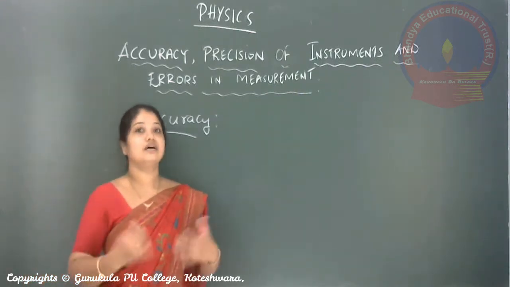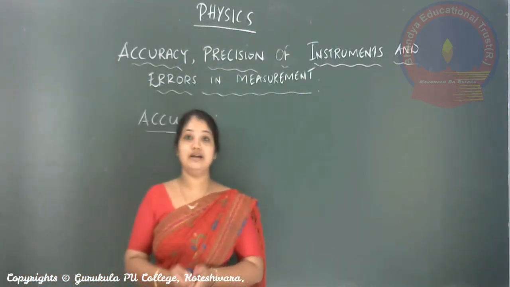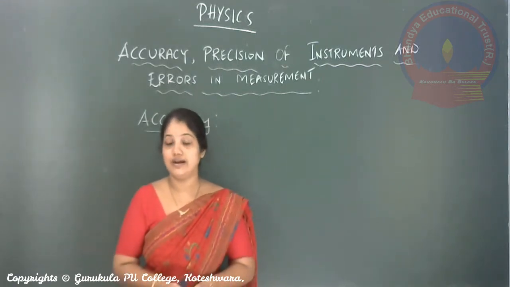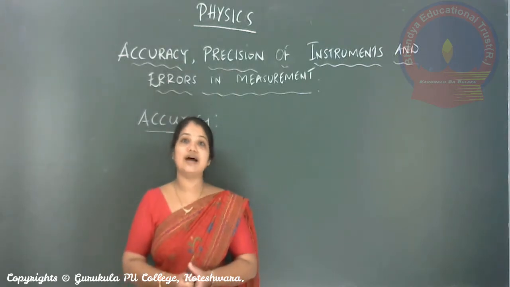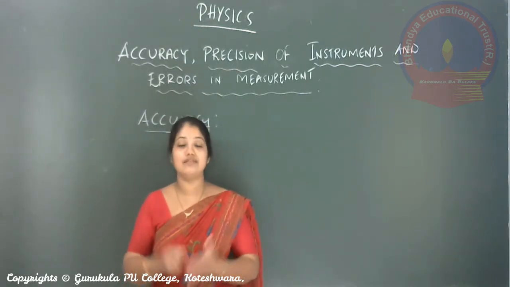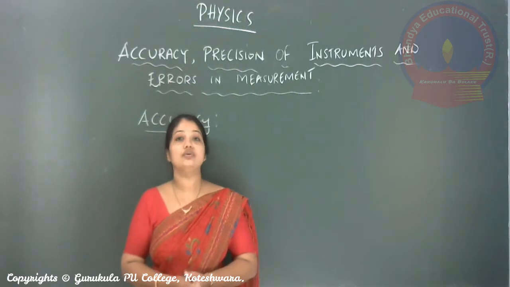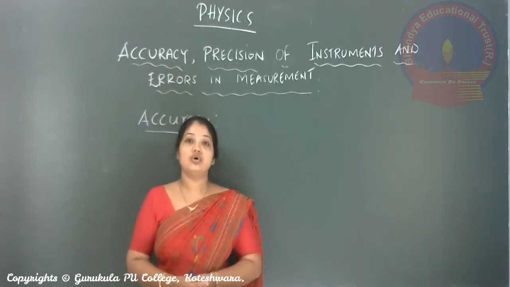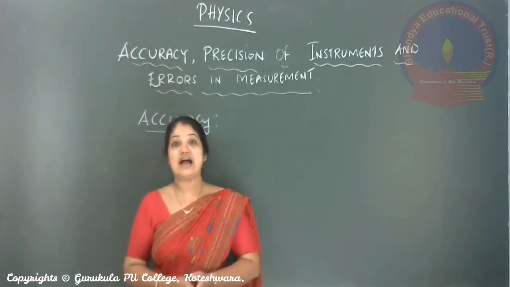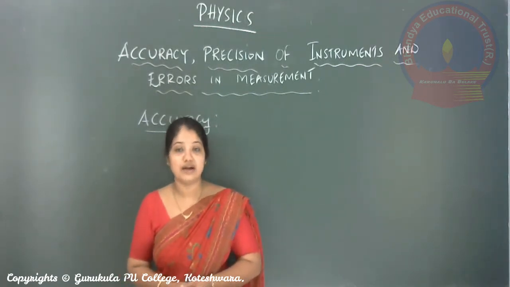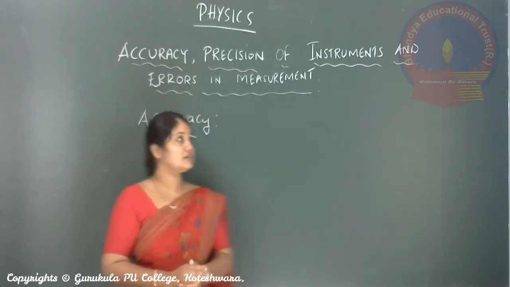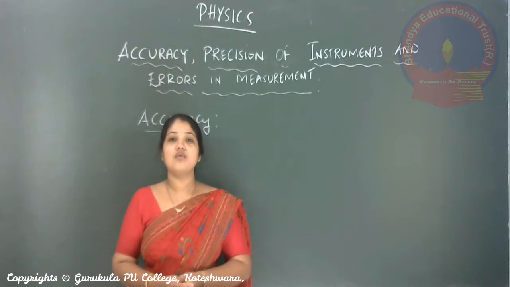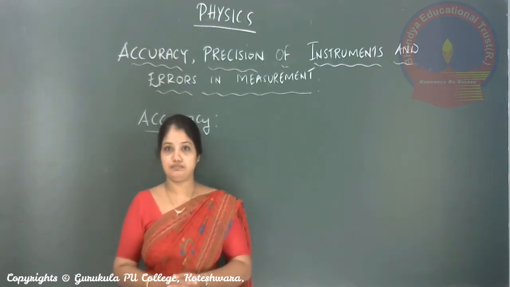Accuracy means the measured value, the values that we calculate, are closer to the true value. It is a measure of how close we are to the true value, and that is termed accuracy. Now what do you mean by precision?